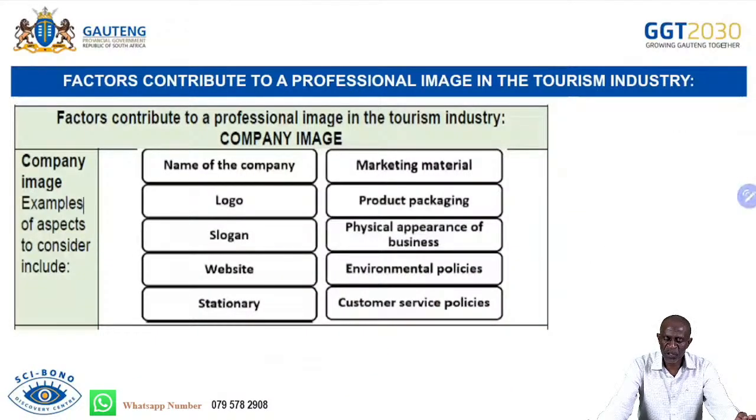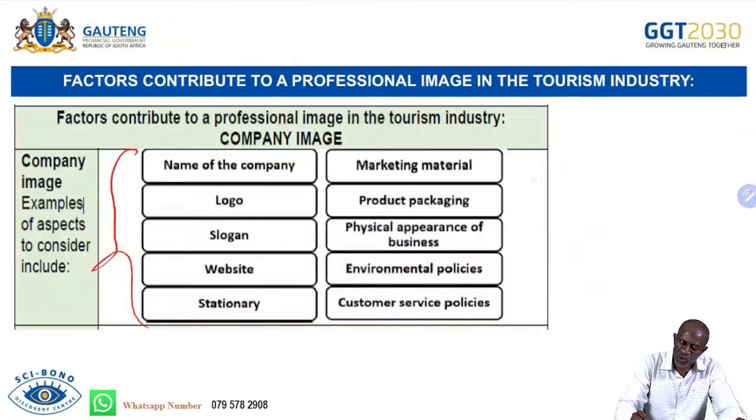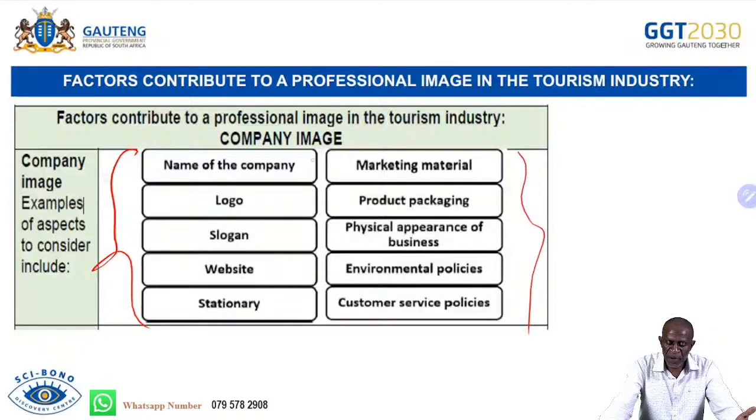Factors that contribute to professional image in the tourism industry. You should look at these 10 factors one by one. Number one, the name of the company. The name of the company helps you identify with the company. It helps you to say a lot about the company. So the name is important. The logo, the slogan, the website, the stationery.